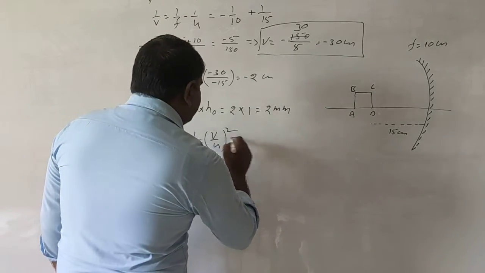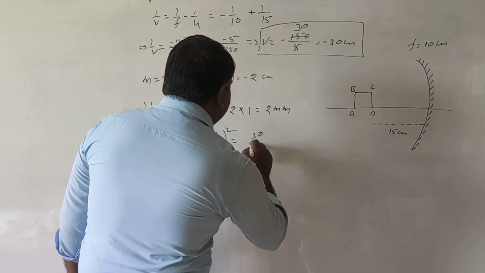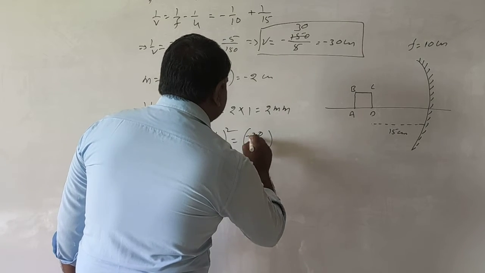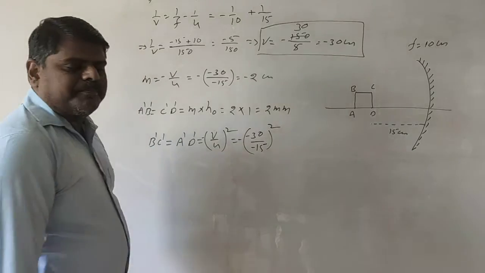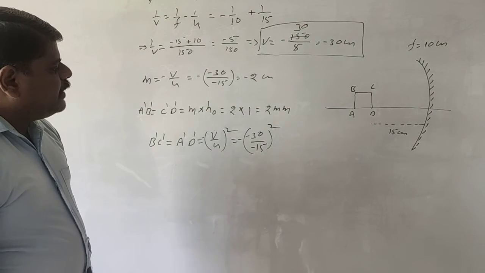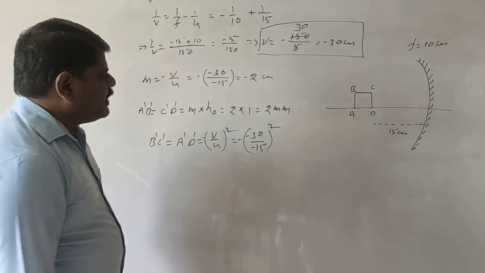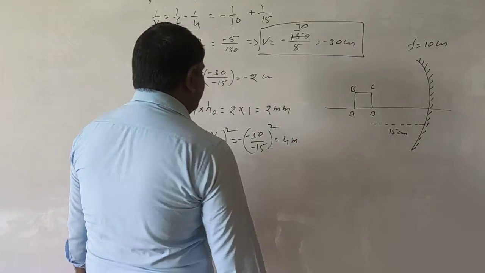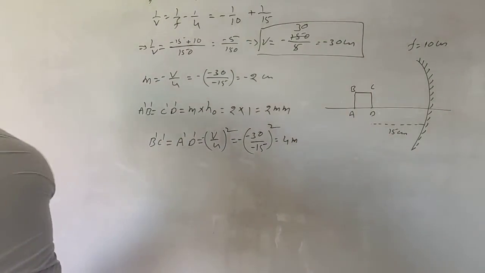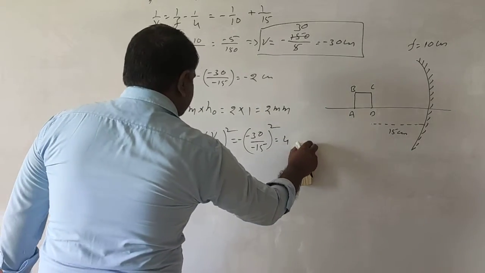V by U whole square means it is nothing but 30 by 15. It is minus and minus, and with the whole square you are not going to get a negative sign again. So 30 by 15 is 2, and 2 square means it will be 4. You are going to get 4. This magnification is equal to 4.